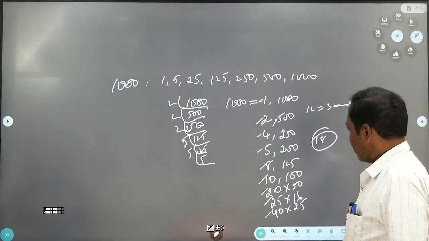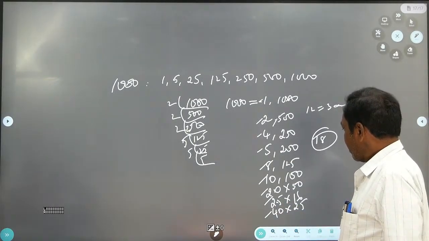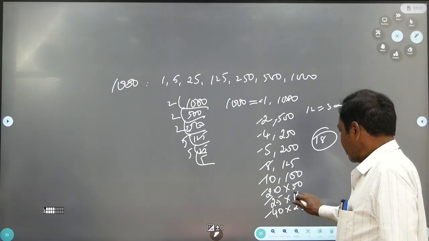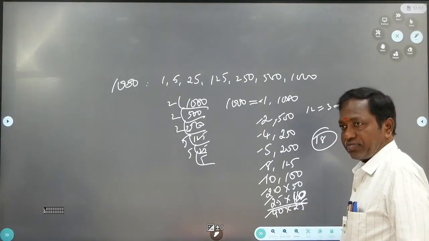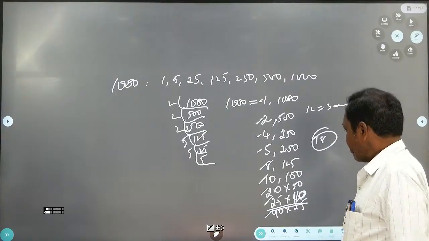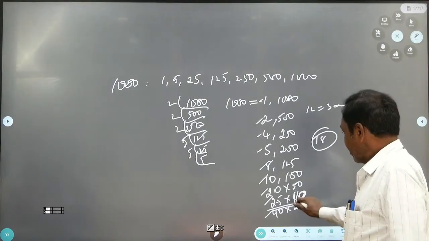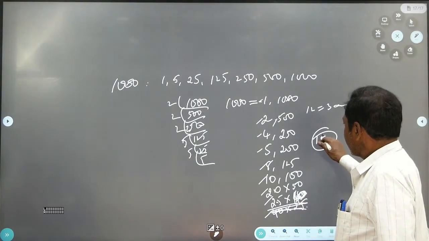Again 25 is here also. That's why I think this should be 40. This is not correct. 25 into 40, not 16. See how many are there now? 16.